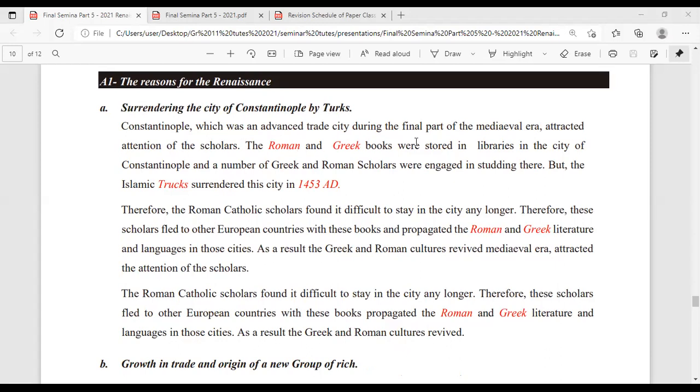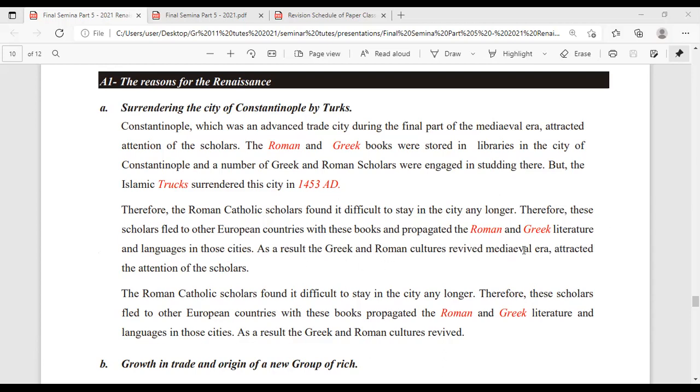The Roman and Greek books were stored in libraries in the city, and a number of Greek and Roman scholars were engaged in studying them. But the Islamic Turks surrendered the city in 1453 AD. Therefore, the Roman Catholic scholars found it difficult to stay in the city any longer. Therefore, these scholars fled to other European countries with these books and propagated the Roman and Greek literature and languages in those cities. As a result, the Greek and Roman cultures revived in the medieval era.